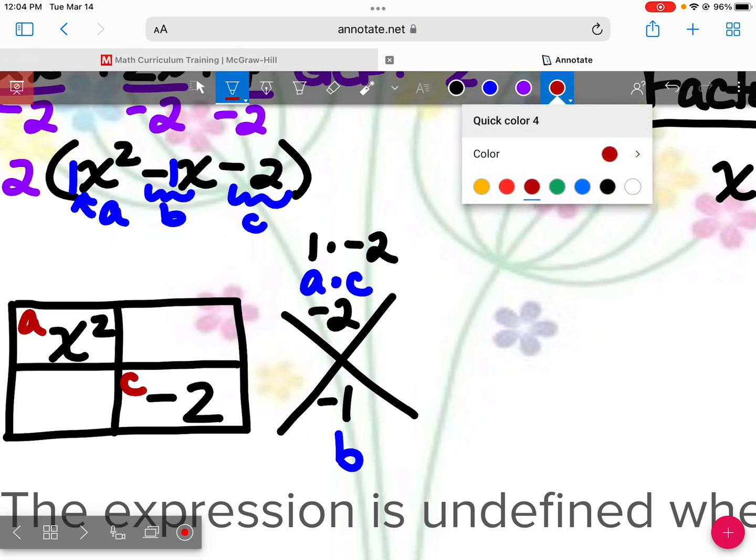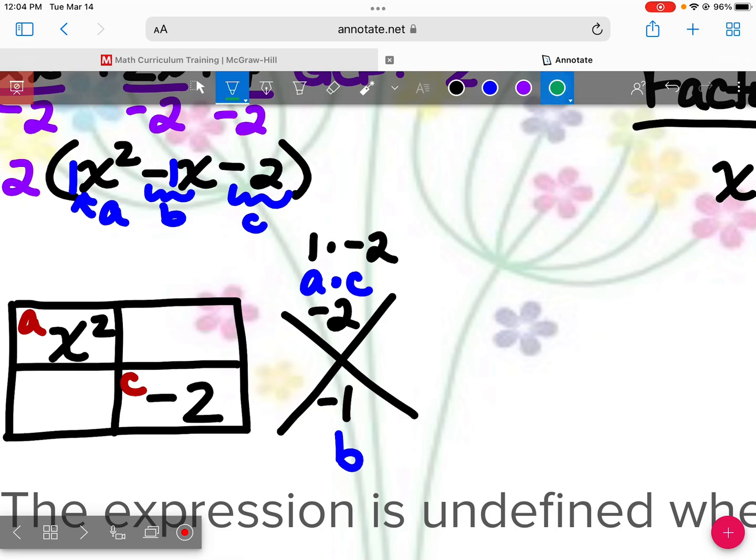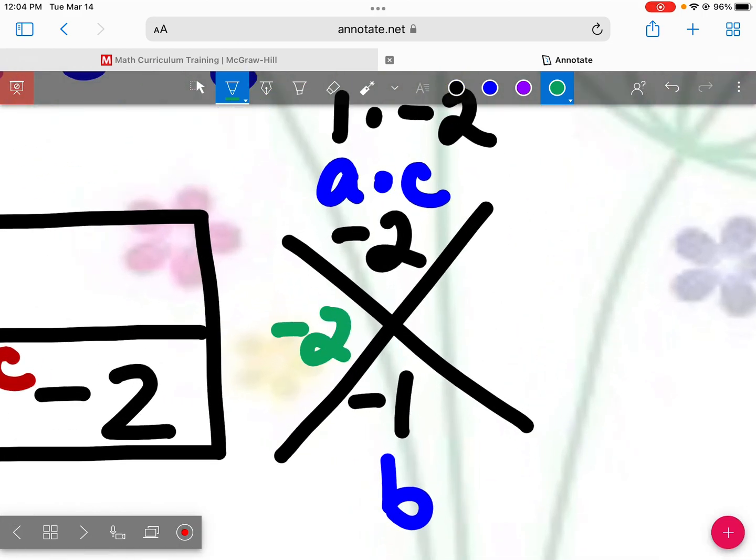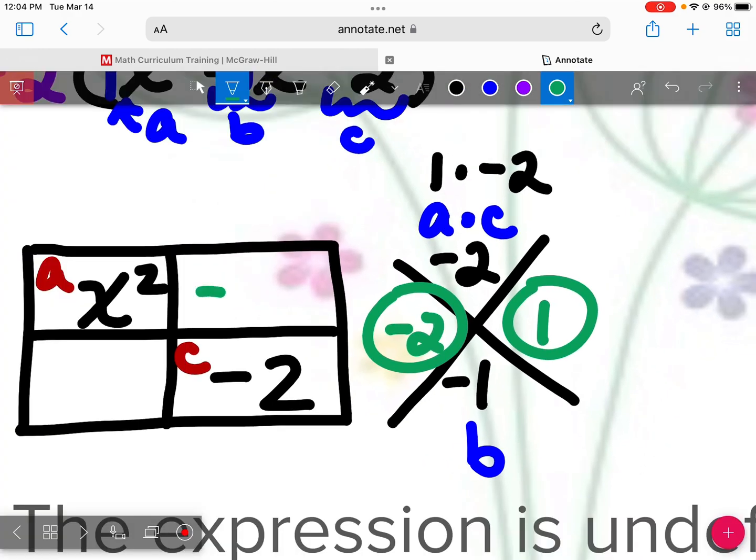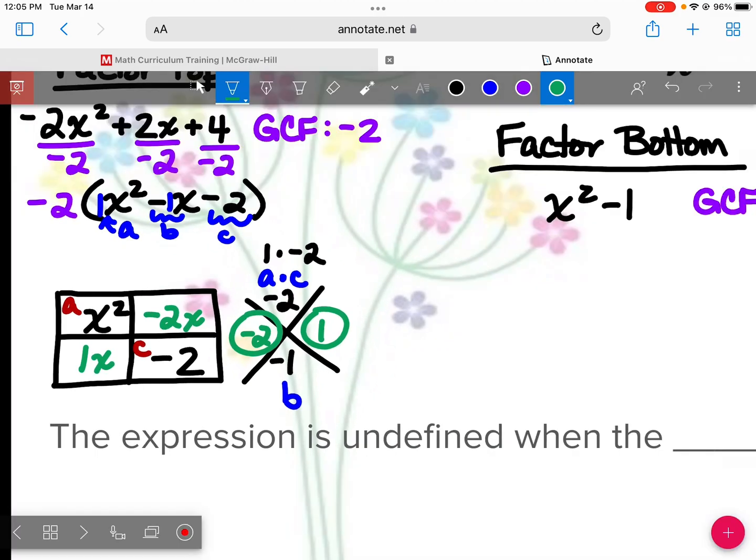Negative 1 and positive 2. If I add those, will I get a negative 1? Nope. So what would my two numbers be? Negative 2 and positive 1. Now if I add them, they're going to add to negative 1. So negative 2x, positive 1x.